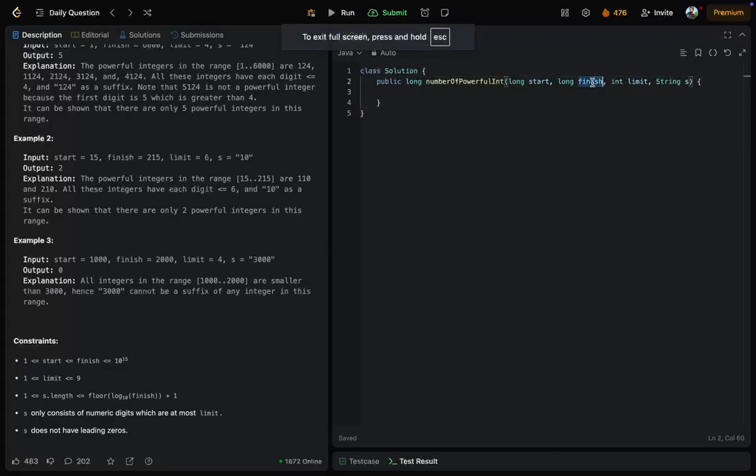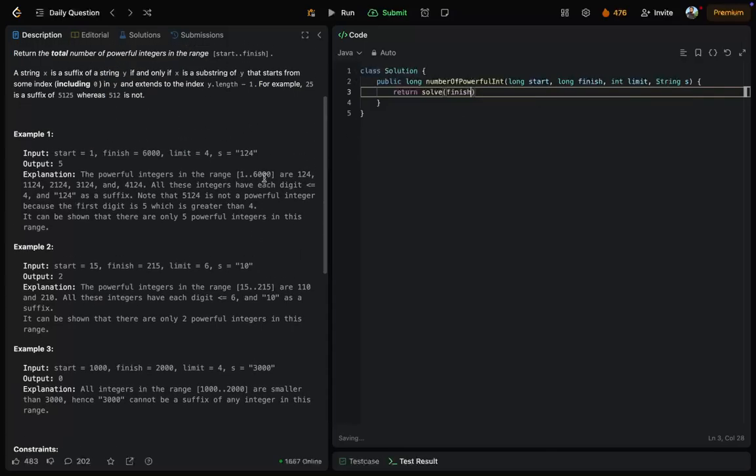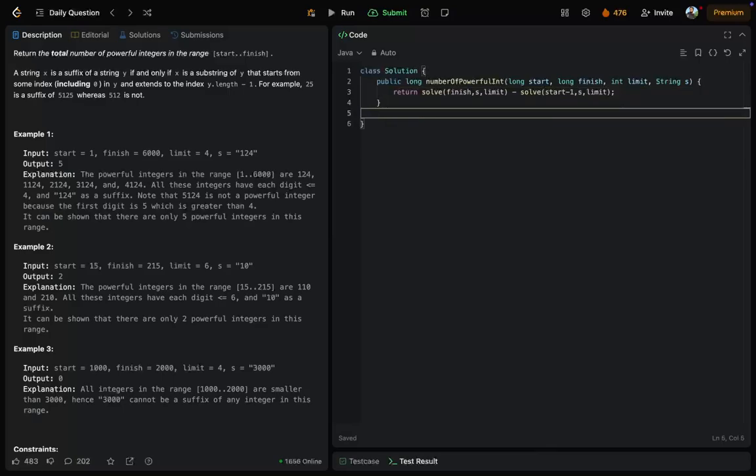So I have finish time and the start time. What I will do is create a solve function, a recursive function. I have finish here, and I have my s here, which is my suffix. I have my limit here, and I will calculate finish minus start minus 1, with s and limit, right.